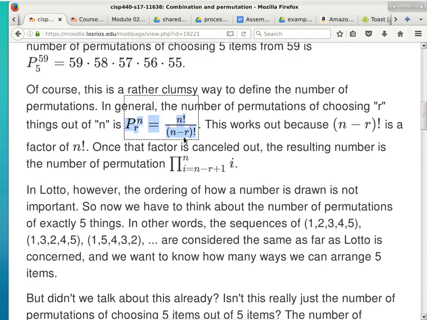This is the number of permutations when you have 69 balls in a cage, and you want to look at how many ways can we draw 5 balls out of the cage, and the ordering is important. But when you look at this number, you can basically say, oh, the number is the same if I just multiply by 1. Okay, that's kind of trivial.